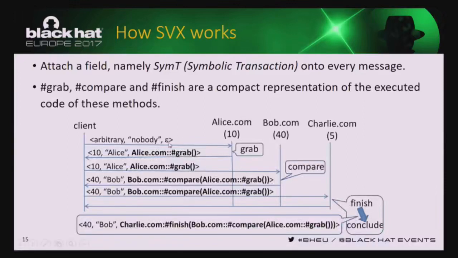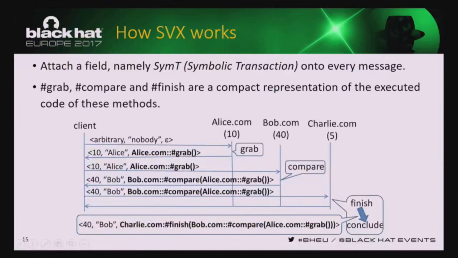Initially, this additional field, SymT, is empty. And after grab is called, the SymT becomes alice.com : #grab. And this execution continues until in the end, this is the result, 40 Bob, and this final SymT.